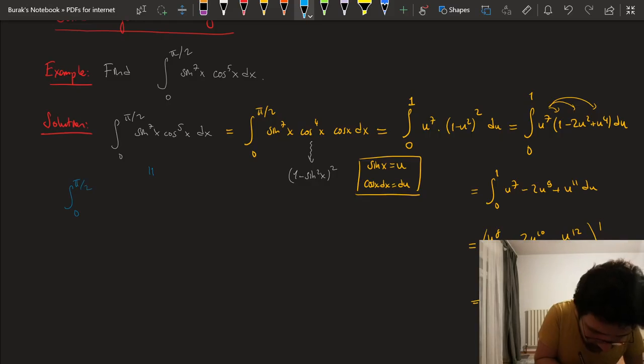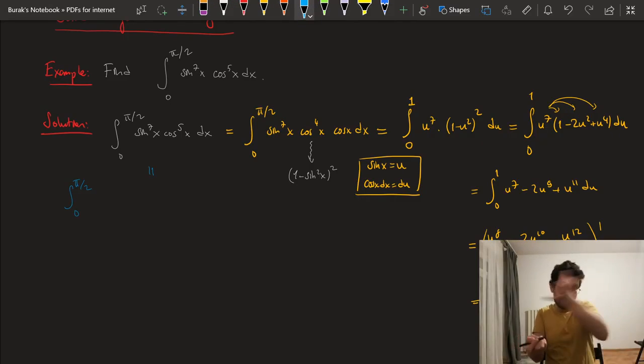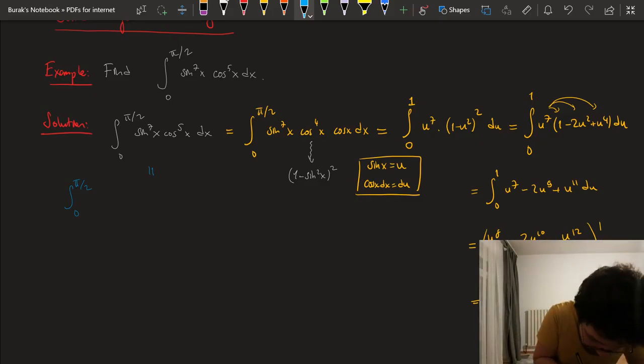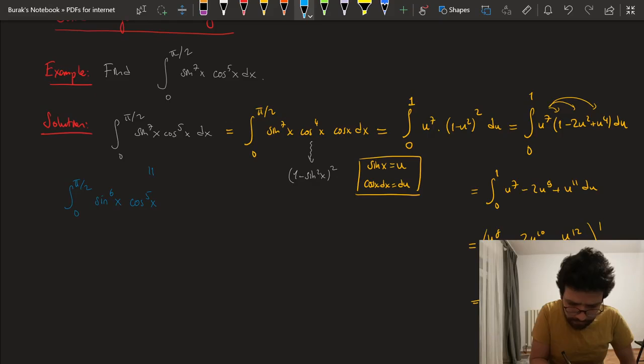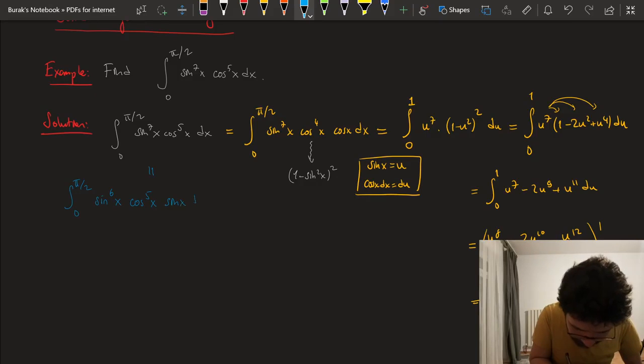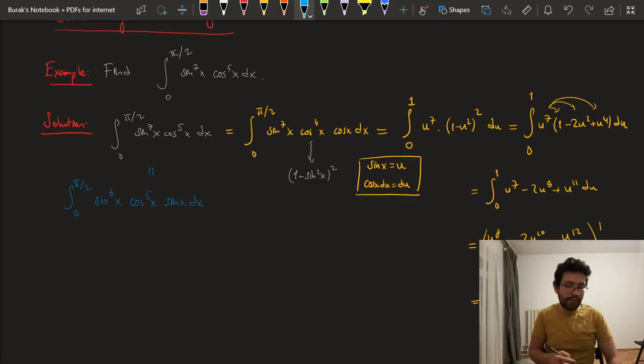In the second solution, because I see that the power of sine is also odd, I can also split off one of the sines and do the exact same trick. So I'm going to write this as sine to the power 6 times cosine to the power 5 times sine of x dx, and I integrate this from 0 to pi over 2.